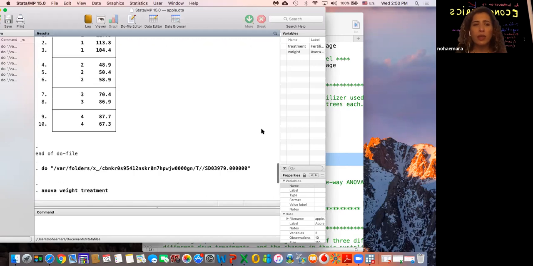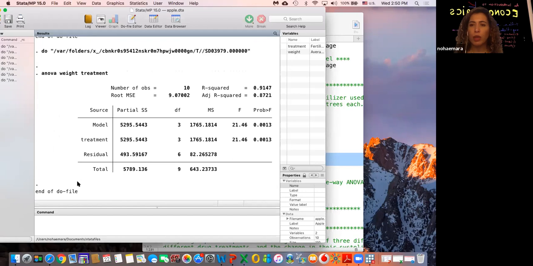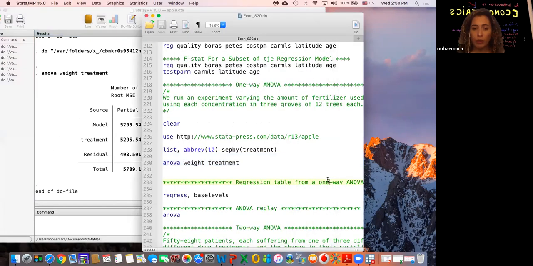I know we can see it here, but whether this is coming randomly or by test. So according to our test, there is a statistically significant difference between using treatment 1, 2, 3, and 4. We're not sure from this test which one is better, which one would yield the highest weight, which one is preferred. We don't have this answer from this command.